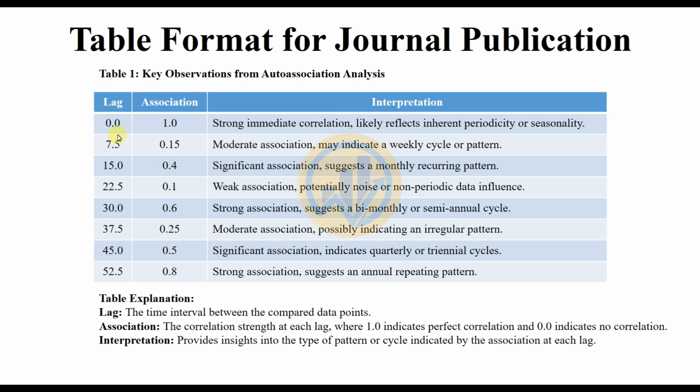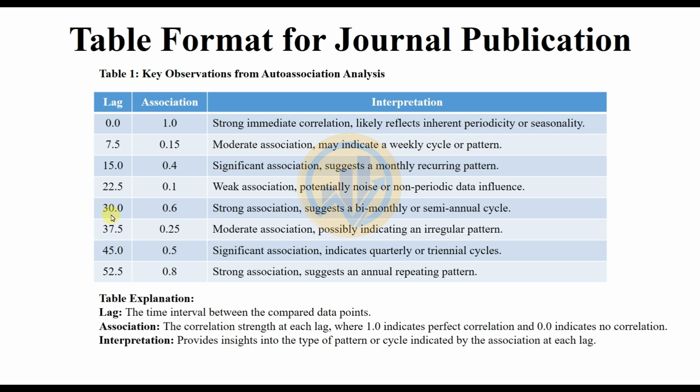For a lag value of 0, the association value is 1, a strong immediate correlation likely reflecting inherent periodicity or seasonality. For a lag of 7.5, the association value is 0.15, a moderate association that may indicate a weekly cycle or pattern.